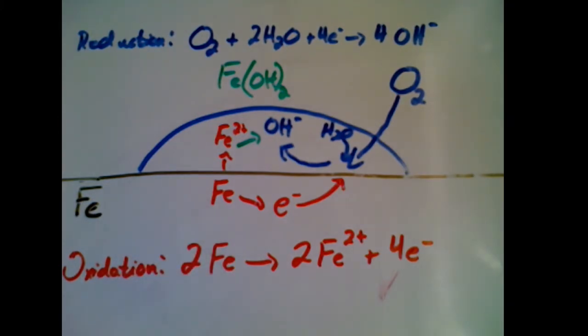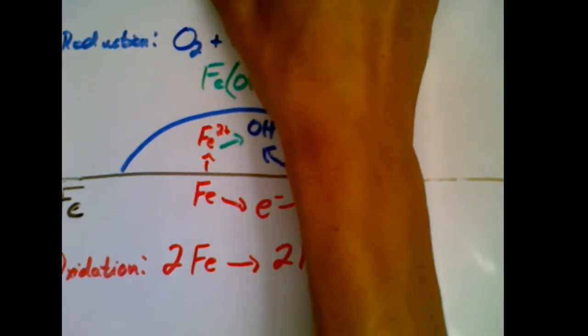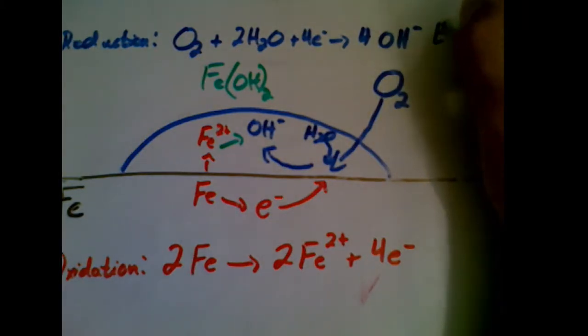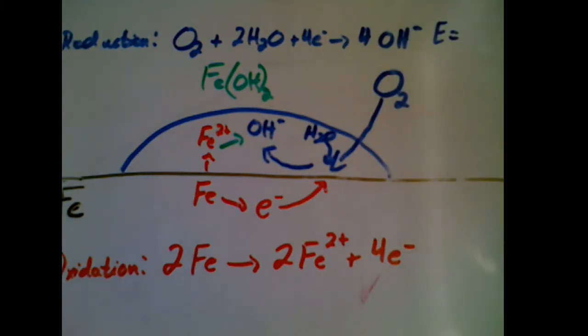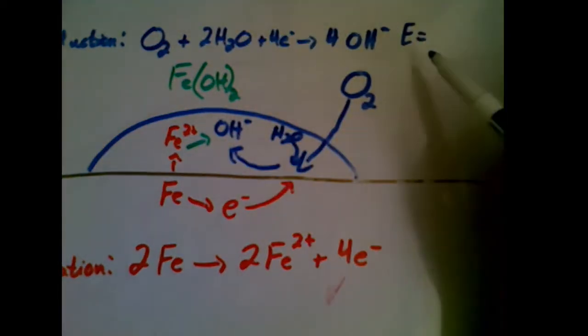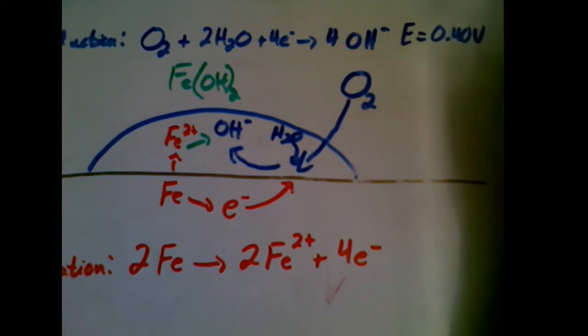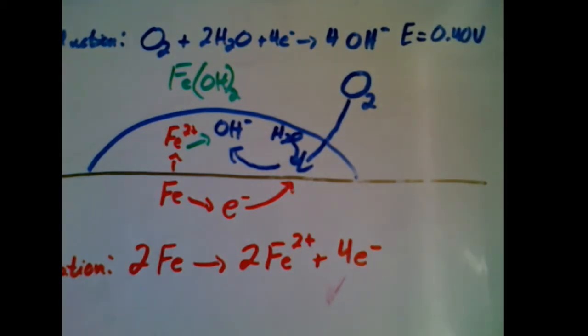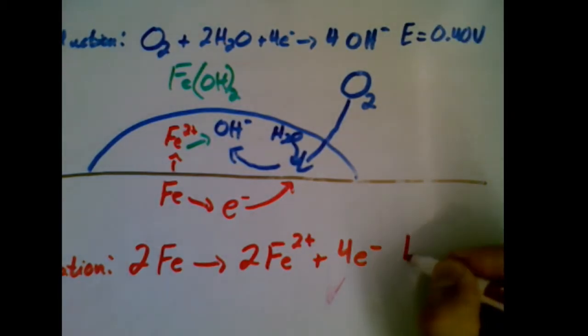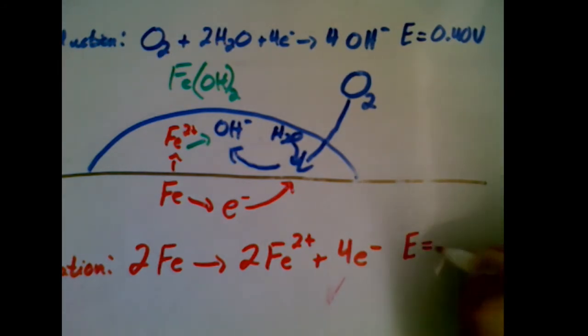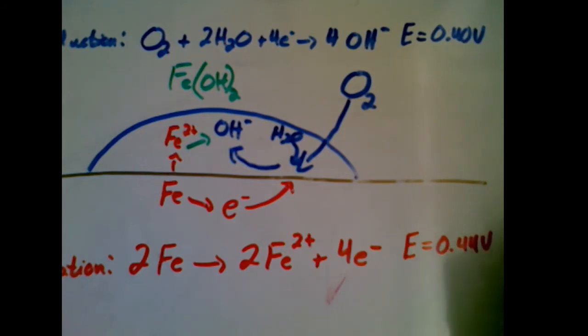If you were to take a look at the actual values for these two reactions in terms of their voltage, the electromotive force for this first reaction is 0.40 volts, whereas our other reaction over here, the iron being oxidized, is 0.44 volts as an oxidation reaction.